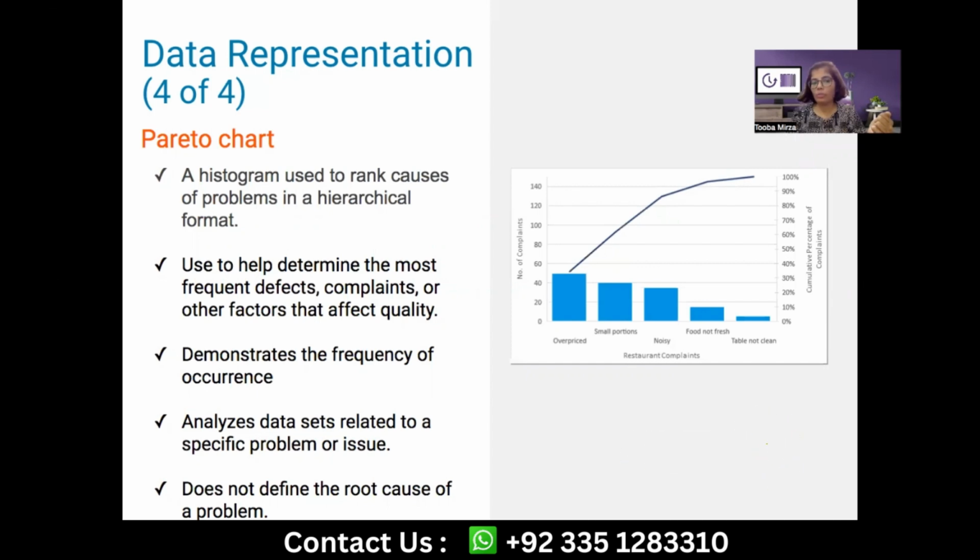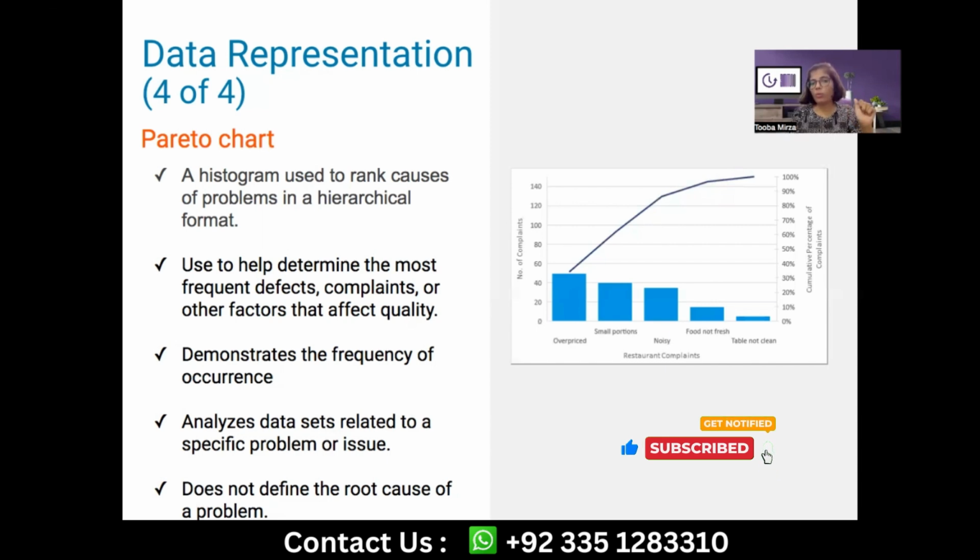You can say that 20% of the investment in certain actions, processes, and people would give you 80% of your desired result.